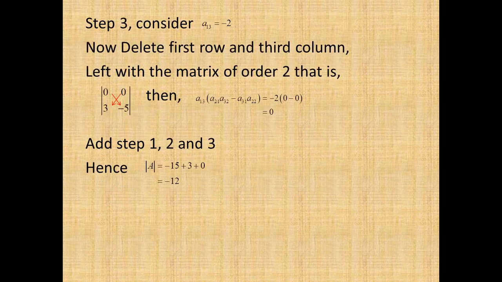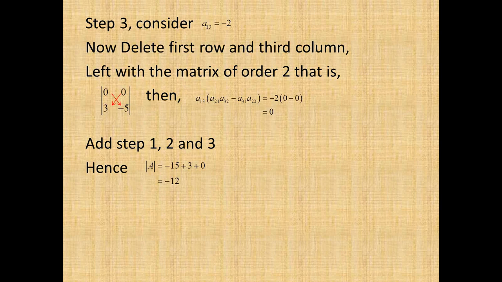Now I move to step 3. Consider A13, which is equal to minus 2. I delete the first row and the third column, and again I am left with a matrix of order 2. I find its determinant and multiply it with the element A13 along with minus 1 to the power 1 plus 3, which is minus 1 to the power 4, which is positive.